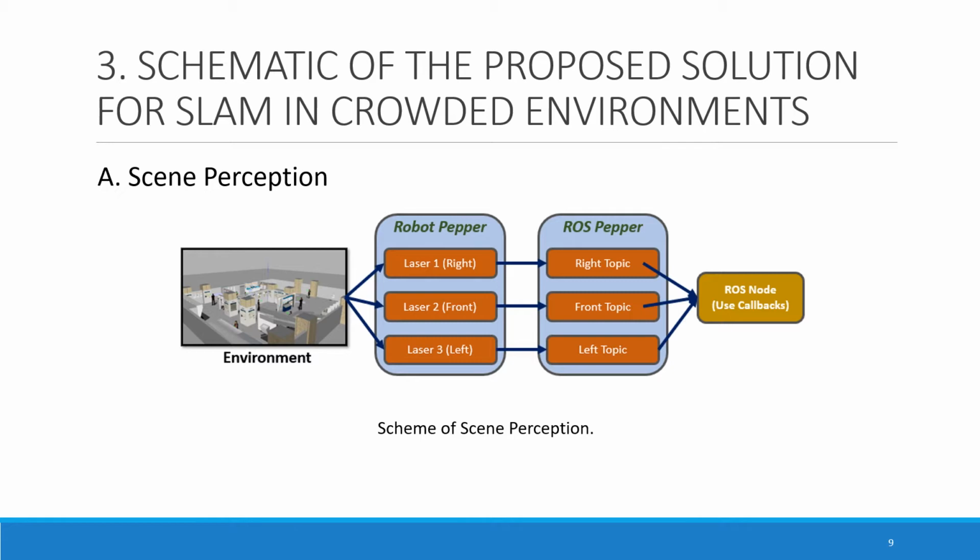In the diagram, right, left, and front topics are mentioned since the proposal follows the Robot Operating System (ROS) communications protocol, so each topic contains the data of each sensor of the robot. Callback functions are used for the nodes of ROS to obtain the laser data.